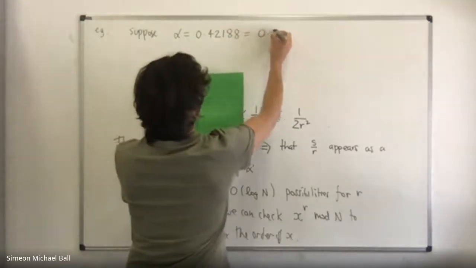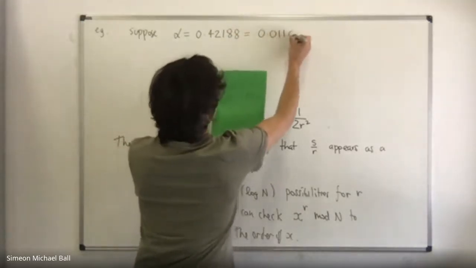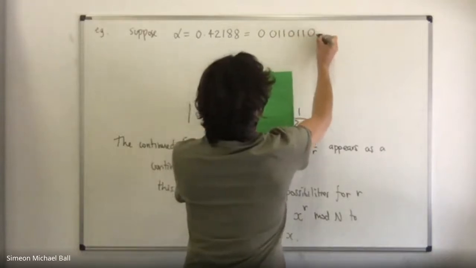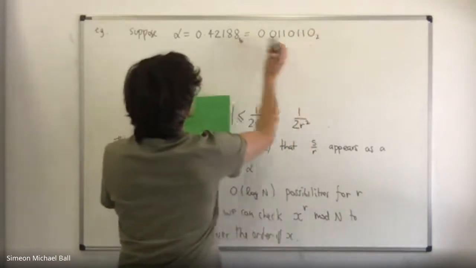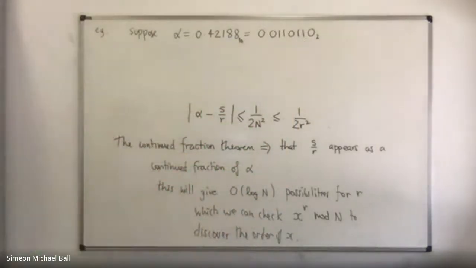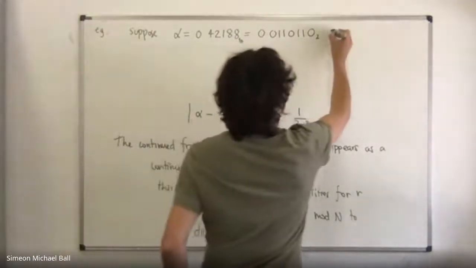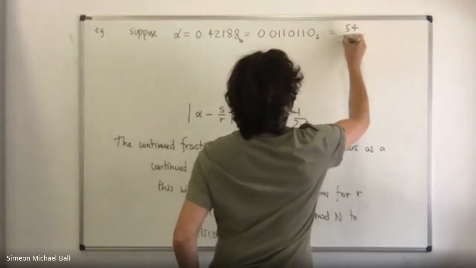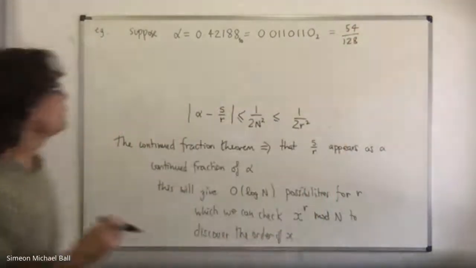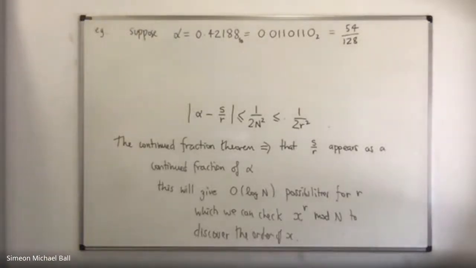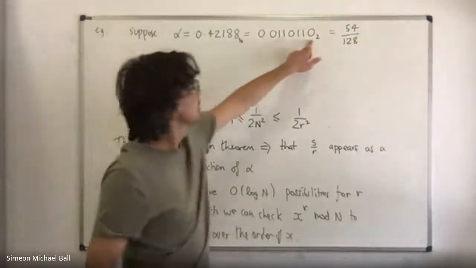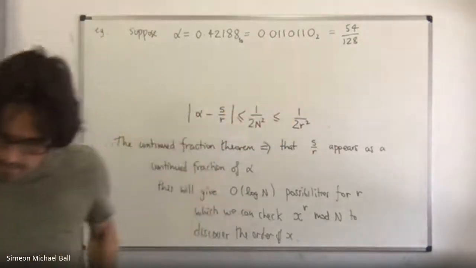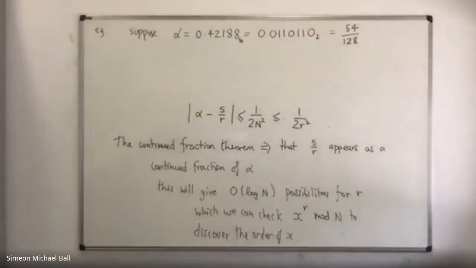So in our bits, this is base 10, and this is it in base 2. And this is then 54 divided by 128. I've done this for 7 decimal places. So that achieves, I think, was it 2t plus 1, to have this approximation.